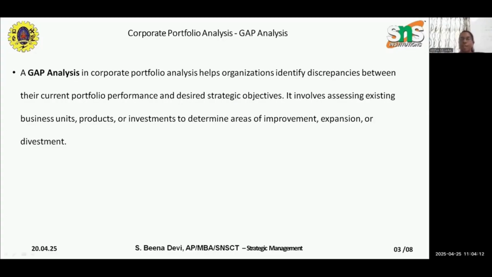Generally, a gap analysis is a strategic tool used to compare the organization's current state with its desired future state. The goal is to identify the gap between where the organization is now and where it wants to be, so that steps can be taken to bridge the gap.